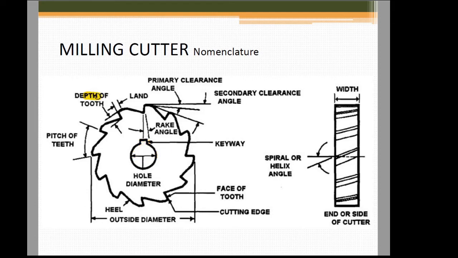The depth of the tooth refers to the length of the face of the tooth. Heel refers to the slanting surface which connects the base of the face of tooth as well as the secondary surface.